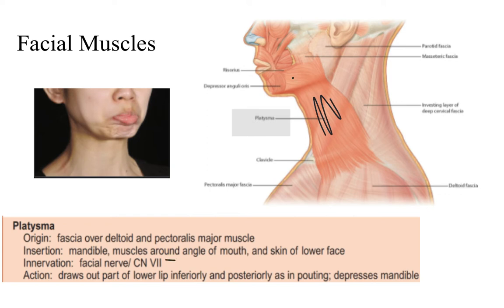And what it's going to do is not just affect our neck, but draw our lip down inferiorly and posteriorly like this, along with the Mentalis, and give us another pouty face. And very weakly it can depress the mandible, but that's not going to be as powerful of a depressor as other muscles that are used.